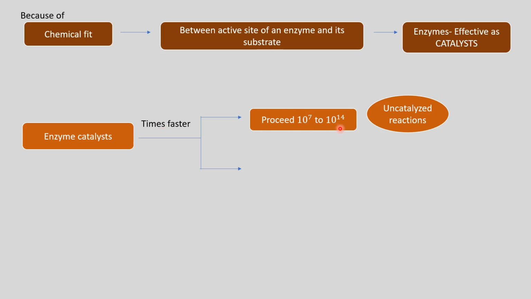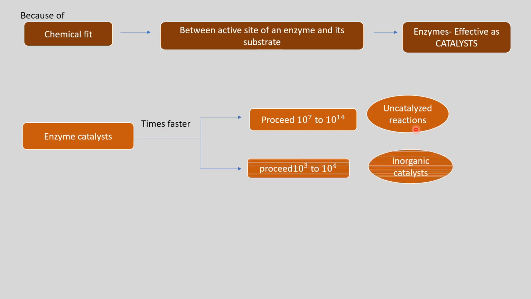than the uncatalyzed reactions. Whereas the reactions catalyzed by enzymes proceed 10 raised to 3 to 10 raised to 4 times faster than inorganic catalysts, right? So enzyme is not an inorganic catalyst, but in comparison to inorganic catalysts, enzyme catalysts can proceed faster.